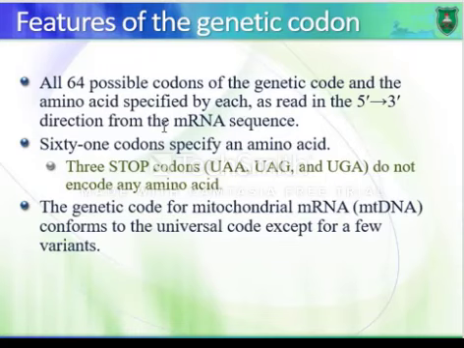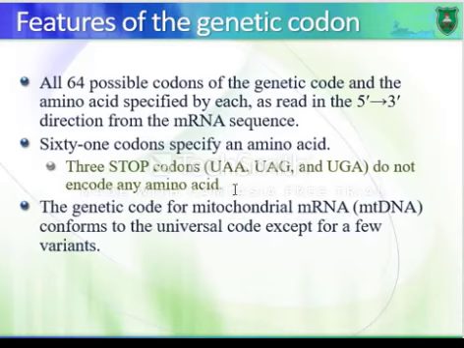So our translation machine reads the mRNA from 5' to the 3'. You remember that in transcription also the synthesis of new DNA is from 5' to the 3'. Also in transcription the synthesis of mRNA is also from 5' to the 3'.